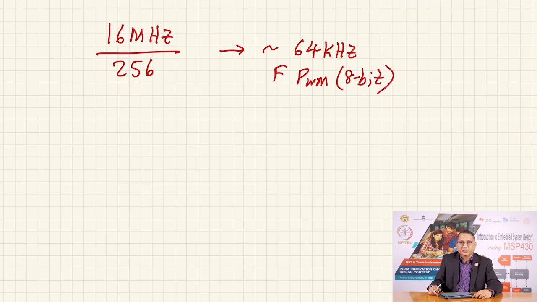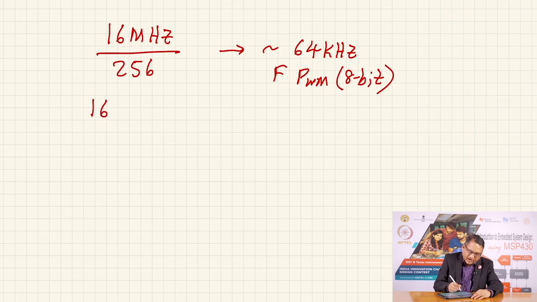Now, if I want higher resolution, let us say a 16 bit resolution, then I can still choose the highest clock, because I can't go beyond 16 megahertz on the MSP430 G2553 and G series of microcontrollers.